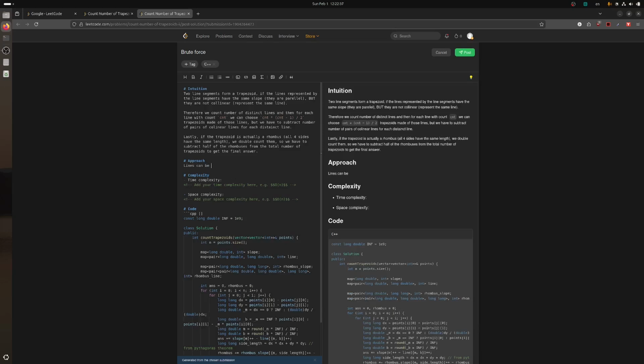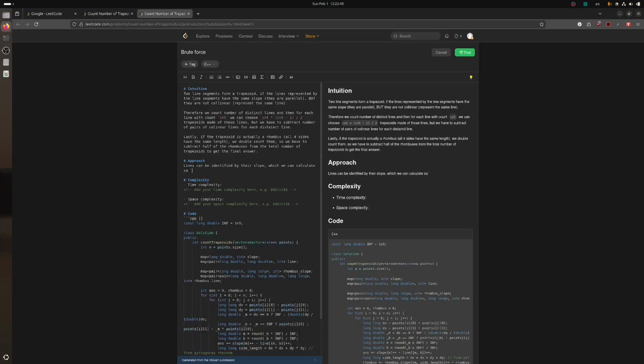Lines can be identified by their slope, which we can calculate as dy divided by dx.